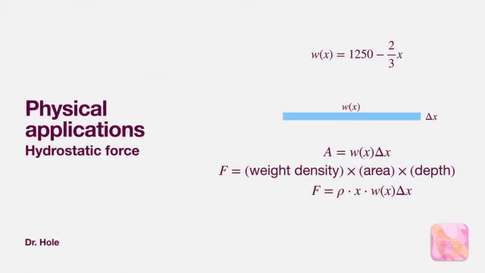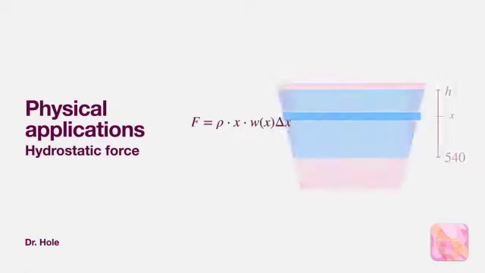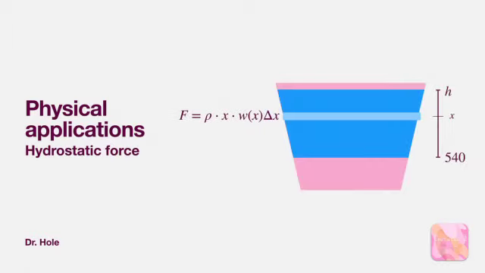So this is the force at a depth x, but really it's the depth at x sub i. If we find n strips at depths x sub i and add up all those forces, then we can come up with an approximation to the total force exerted by the water on the dam.